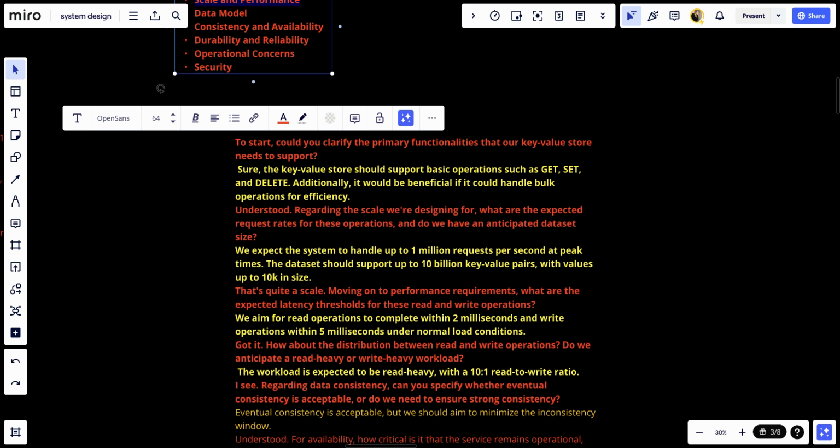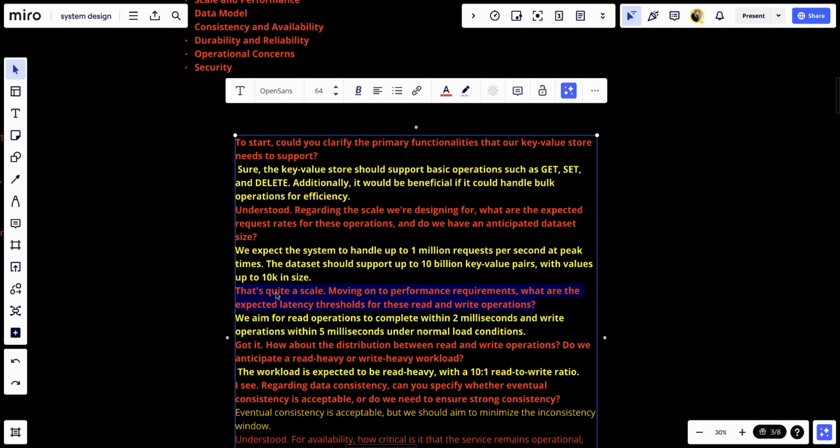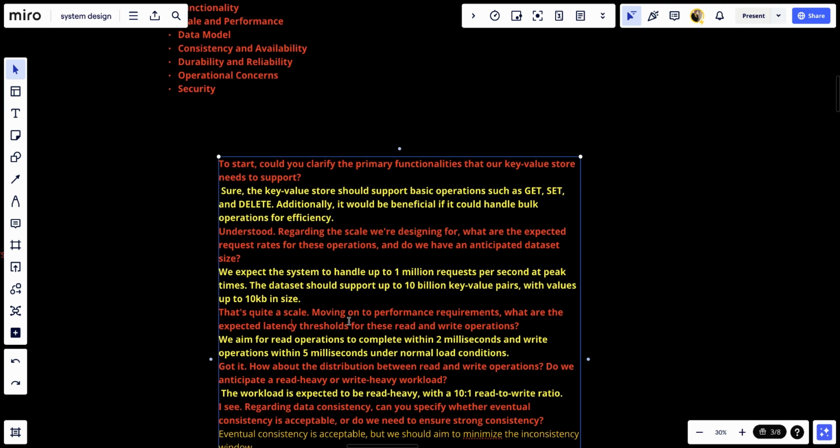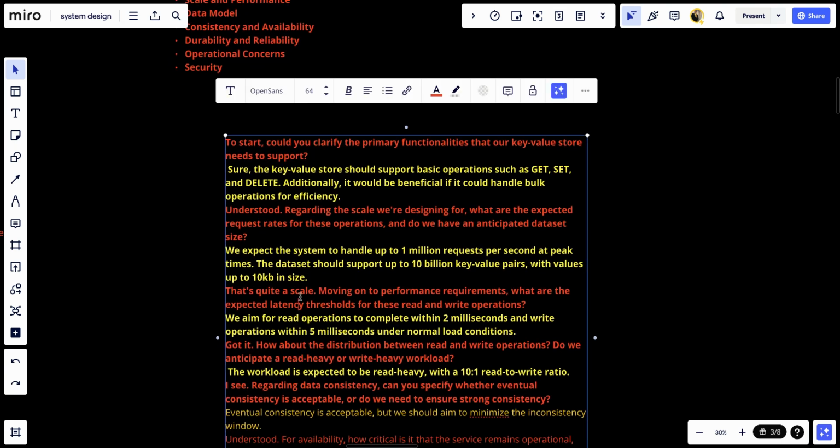The dataset should support up to 10 billion key value pairs with values up to 10 kilobytes in size. So I would say, okay, let's say KB, I wrote this one wrong. So okay, that's quite a scale.